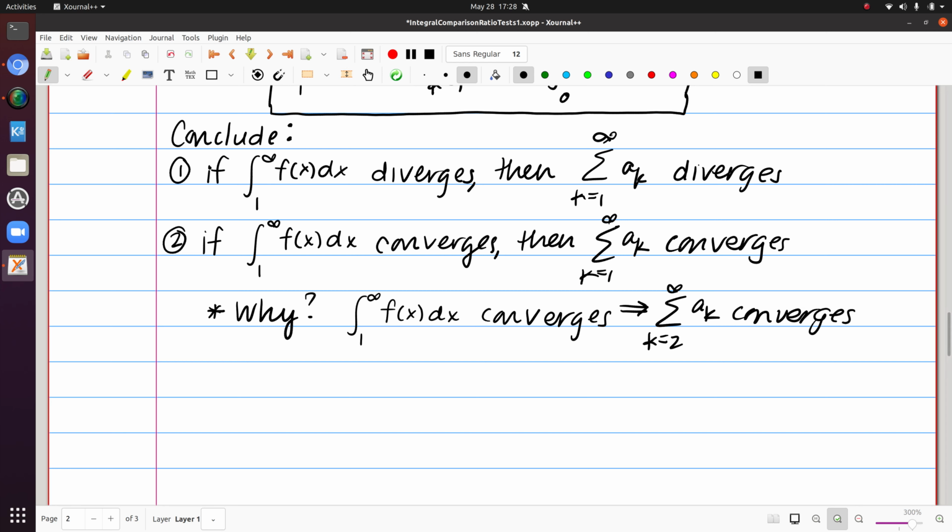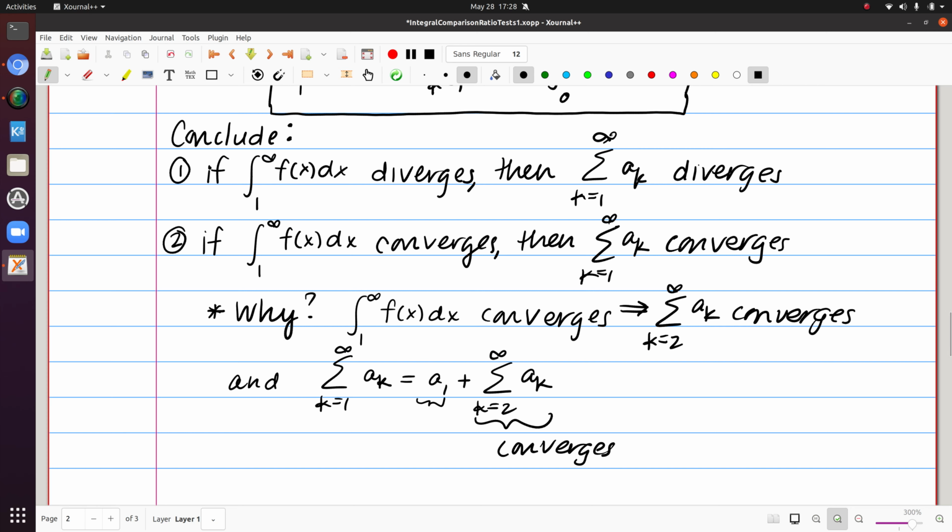And that's really the connection, because if I think about the sum from 1 to infinity, we could express that as the first term plus the sum from 2 to infinity. And at this point, we know that the sum from 2 to infinity converges. And all we're doing here is tacking on a finite number. The terms of our series individually are finite, so I don't have to worry about adding in a few extra terms, potentially changing the overall behavior of the series.